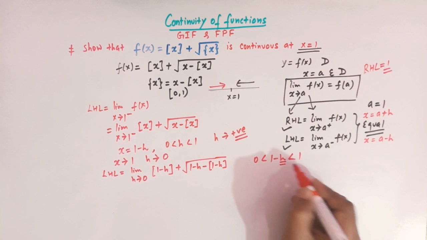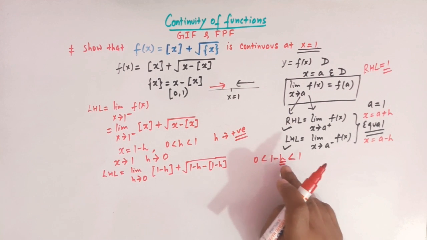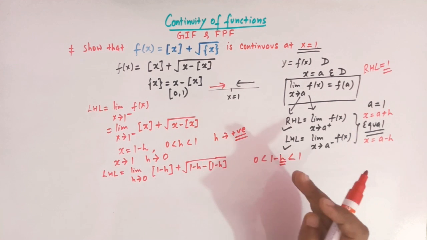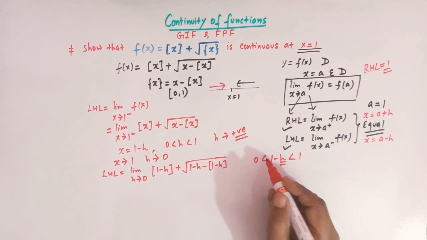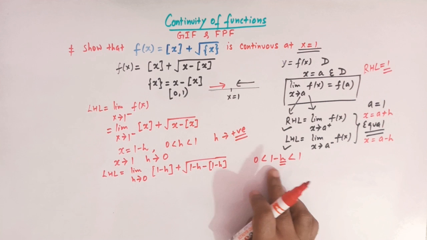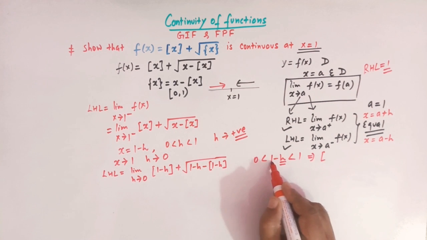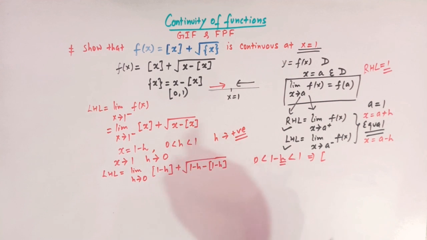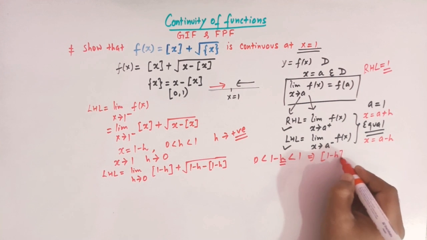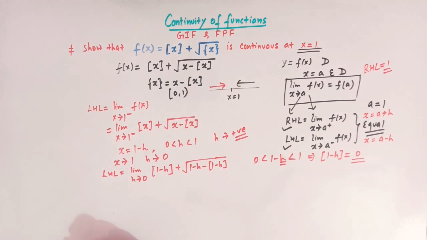Because h has some value. So when we subtract h from 1, we get a quantity which is greater than 0, but that is slightly less than 1, right? Okay, so now by the definition of greatest integer function, when 1 minus h lies between 0 and 1, the value of greatest integer of 1 minus h must be equal to 0, right?